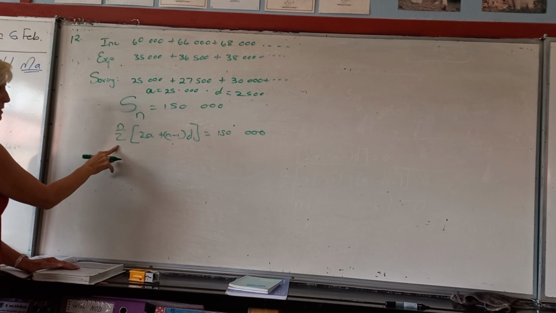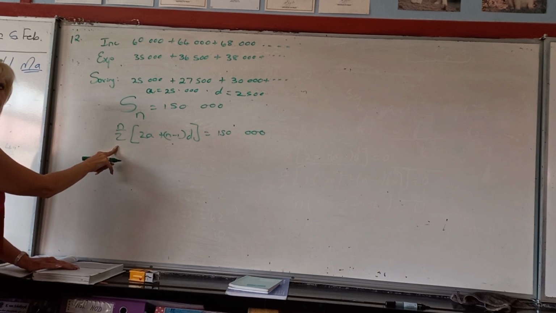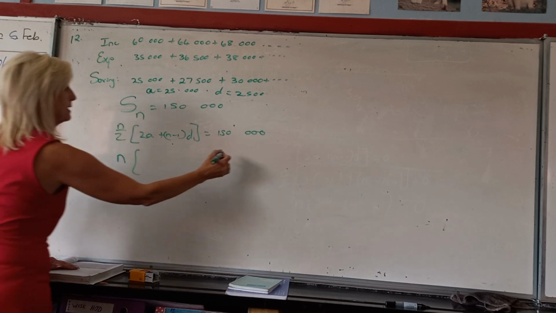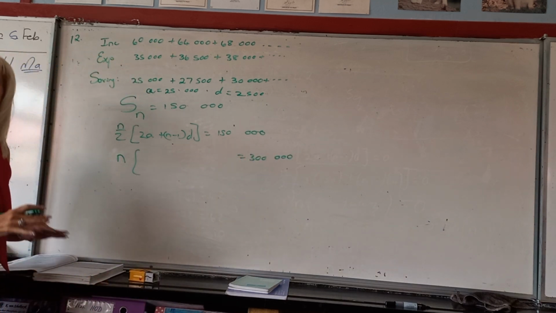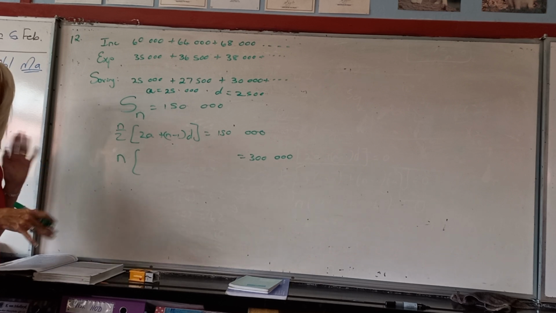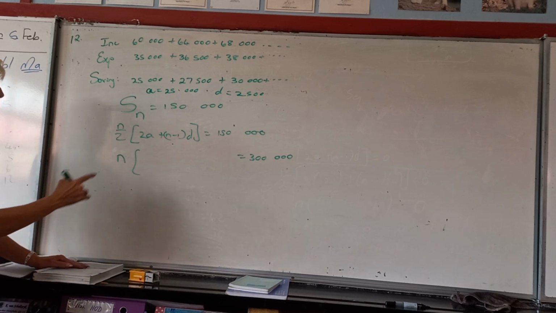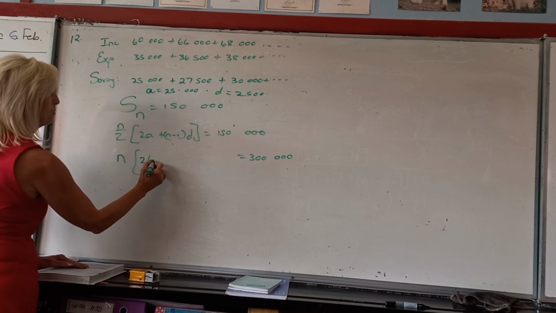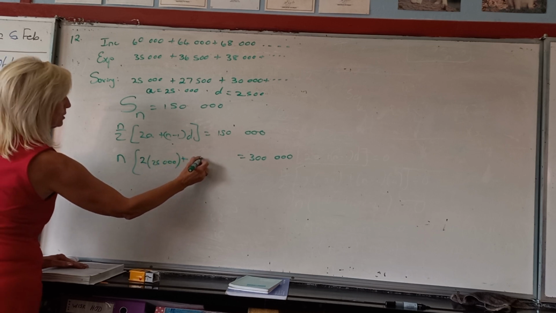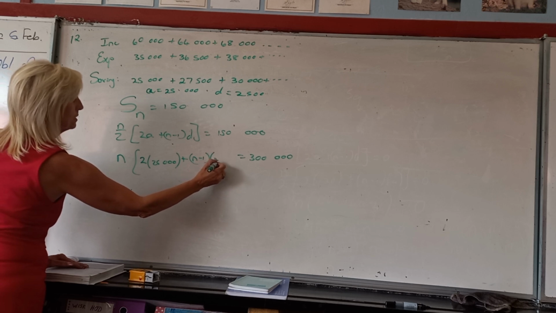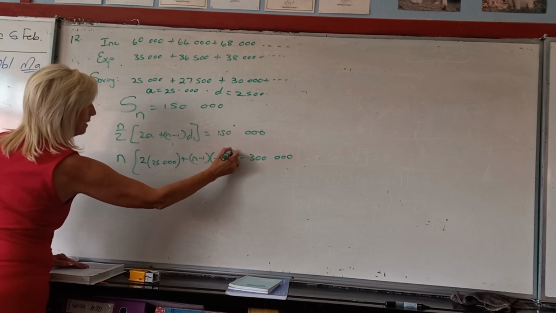Okay. Firstly, can I get rid of this 2? Have you seen me doing that all the time? Because I don't want fractions. So let's keep the n and then let's make that one 300,000. Technique. Whether you want to do it or not, later somehow you're going to have to work with it. 2 times a. The a was 25,000. n minus 1, I still don't know what n is, and d is 2,500.